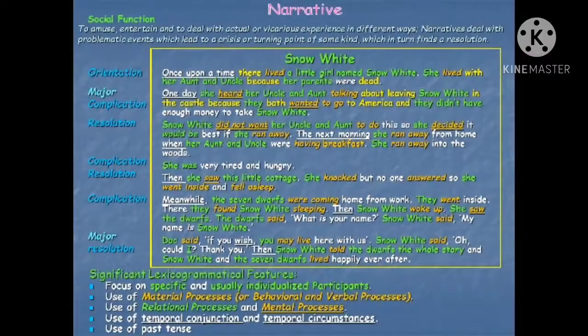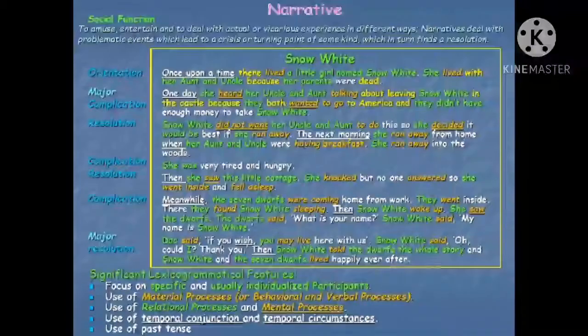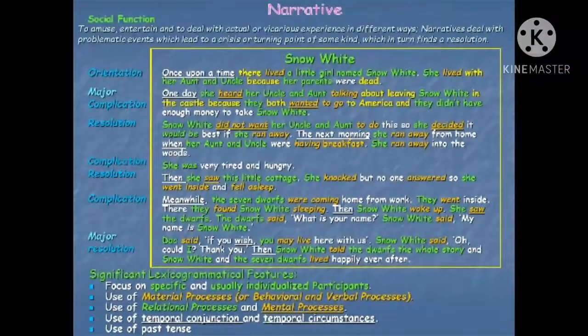For significant lexicogrammatical features, there are focus on specific and usually individualized participants, use of some material process or behavioral and verbal process, use of relational process and mental process, use of temporal conjunction and temporal circumstance, and use of past tense.